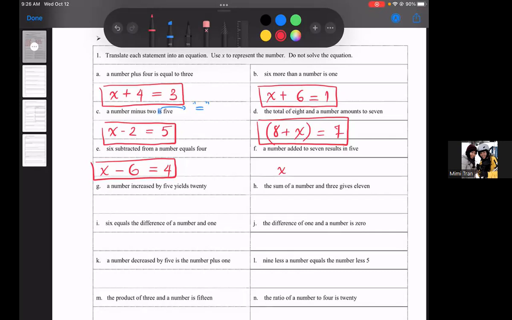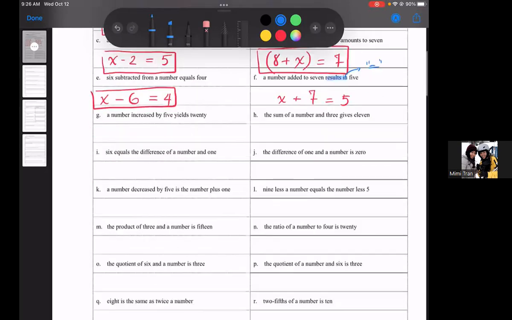Well, I gave you an x. A number added to 7, so x plus 7. Yeah, equal 5. Result in means equal. Let me highlight again. Result in, equal as well. Just a different way of saying it.